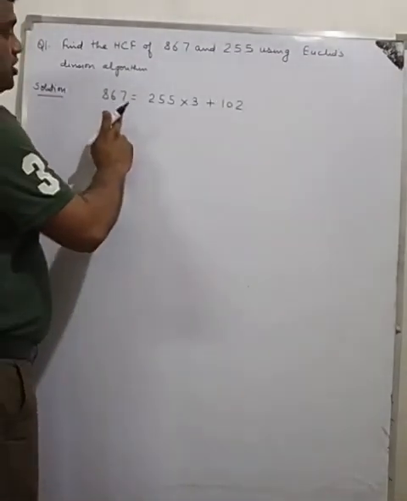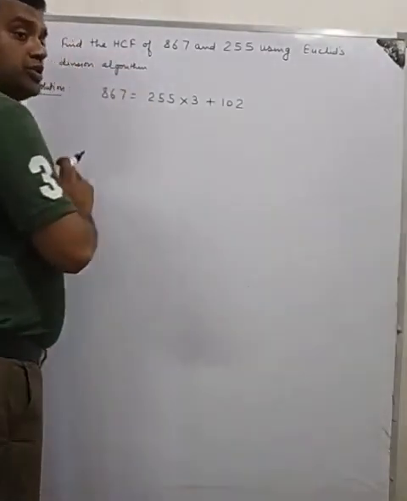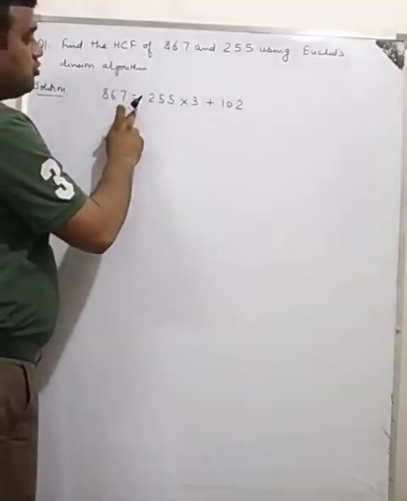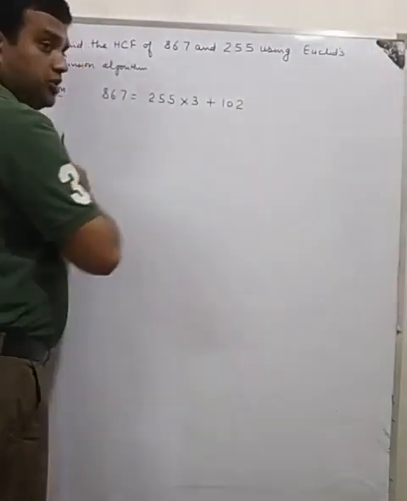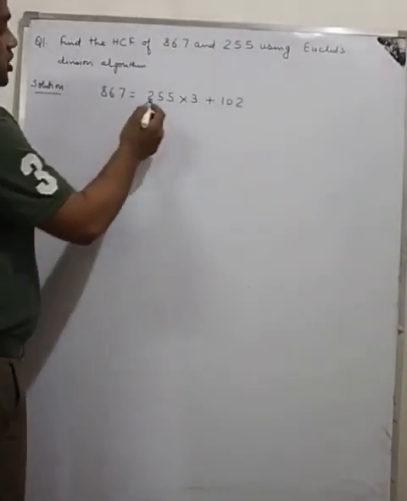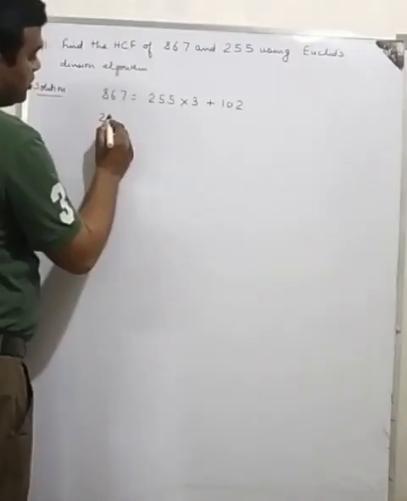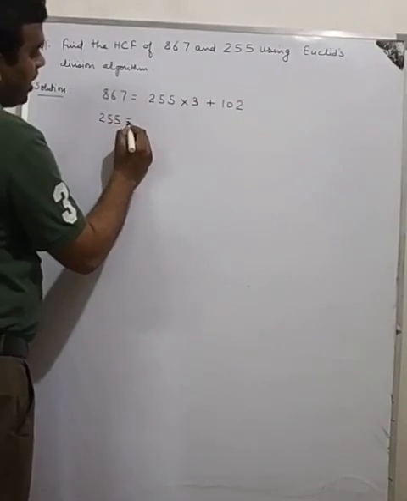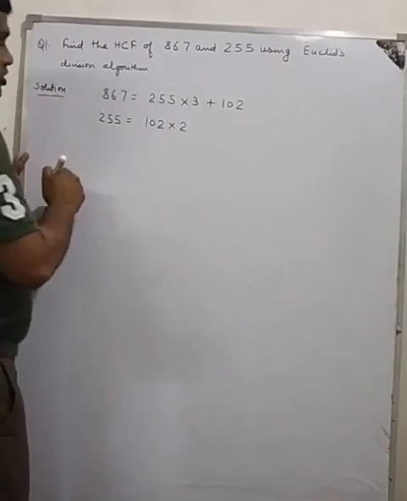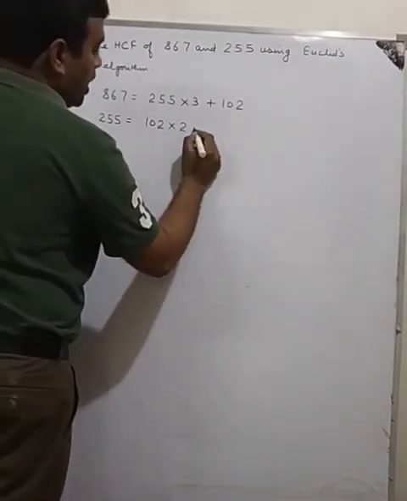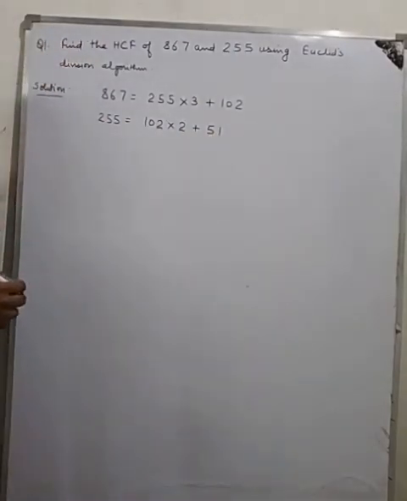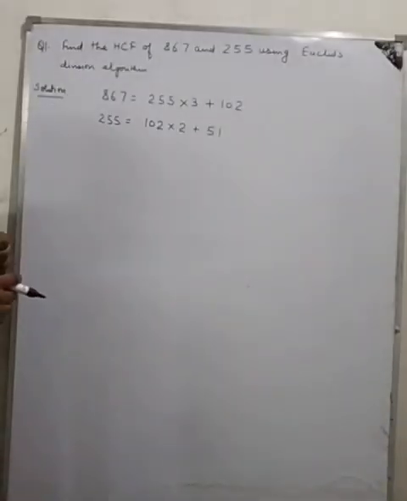This is nothing but the division algorithm where the dividend is equal to divisor into quotient plus remainder. So now in the second step we are going to divide this divisor by the remainder, 2 times, so 204, and this will give 51 as a remainder.